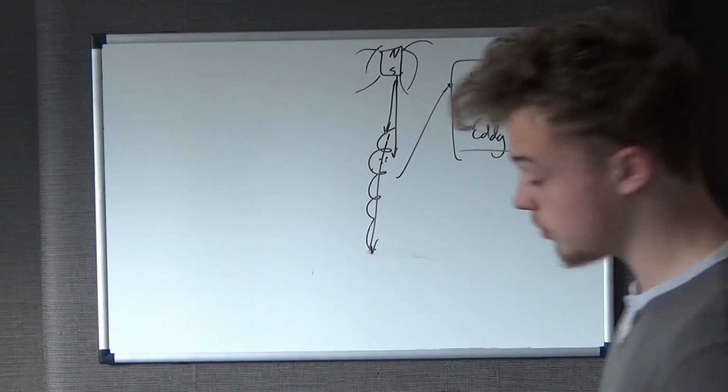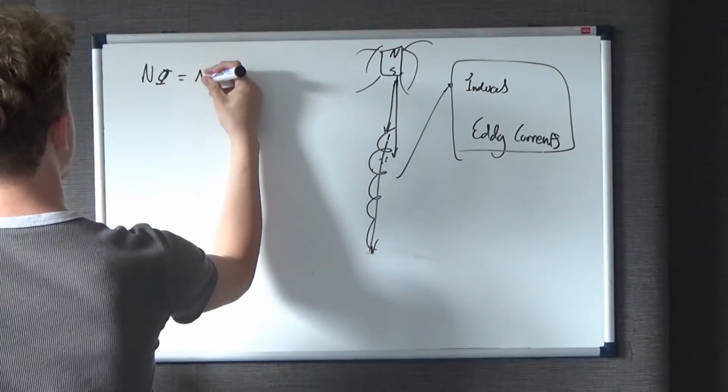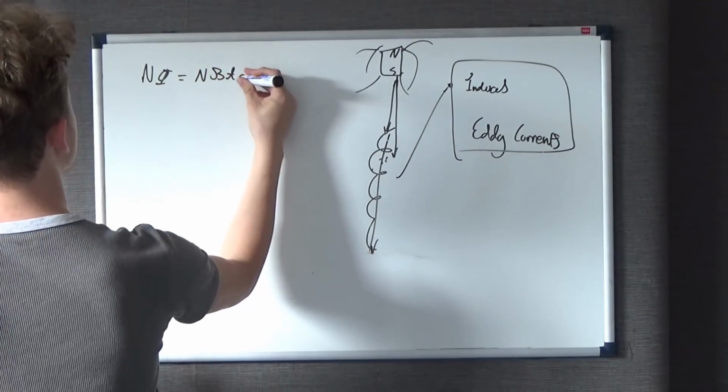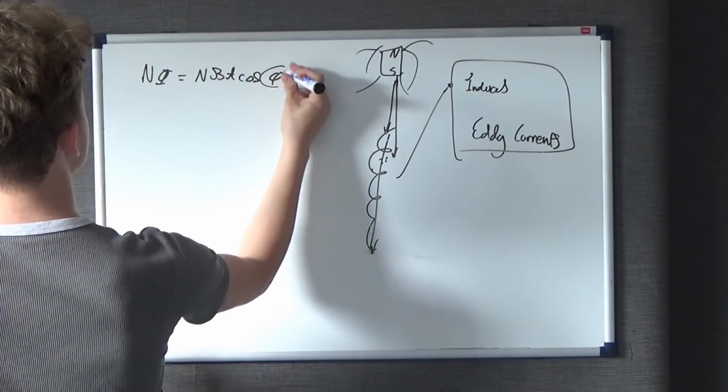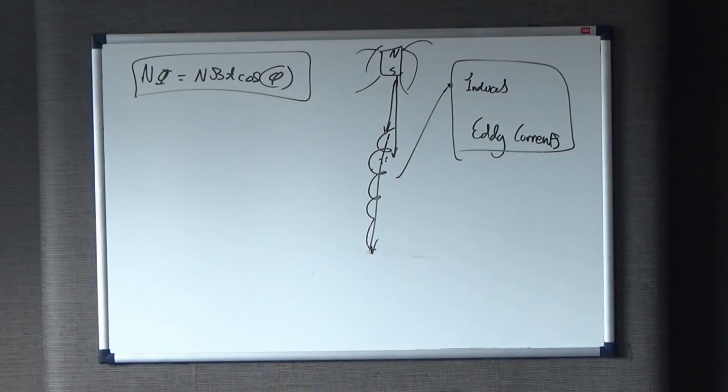Now we know that flux linkage is N phi, which is equal to NBA cos theta, which is what we just looked at previously. Now, what Faraday said was that his law of electromagnetic induction, I'll read it out for you, states that the induced EMF in a circuit is equal to the rate of change of flux linkage through the circuit.